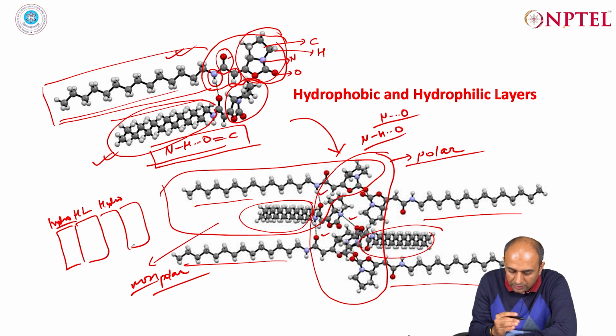So these layers are alternately arranged, telling you that whenever the hydrophilic parts interact with each other and the hydrophobic parts interact with themselves, therefore there is hydrophilic and hydrophobic content present in the crystal structure of the molecule, and when this happens, it always wants to maximize the interactions which are present.